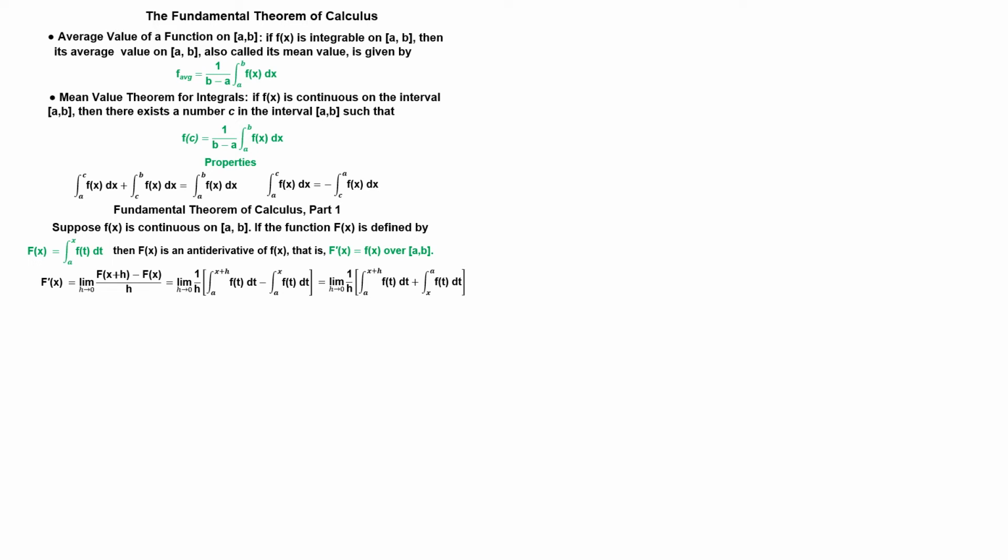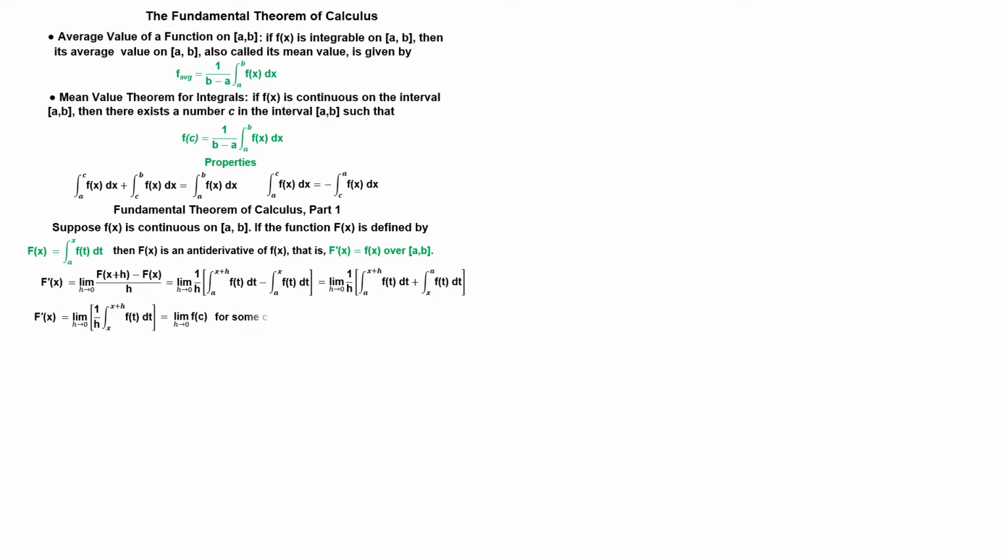The expression in brackets is the average value of f from x to x plus h. We know from the mean value theorem for definite integrals that f takes on its average value at least once in the interval. And we can rewrite the equation again.